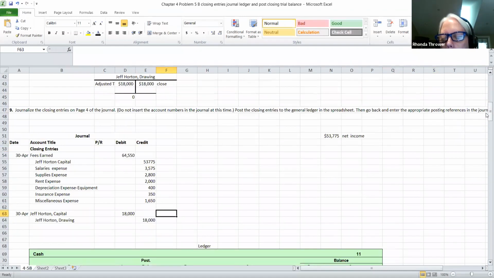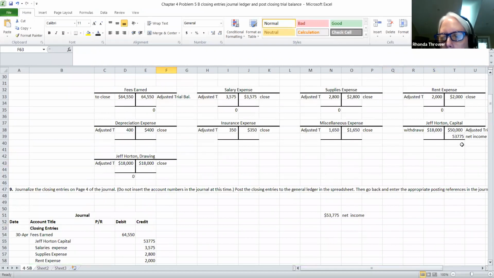Now, your capital account is not closed. Notice that this capital account will have an ending balance. Your ending balance is what is on your statement of owner's equity. And again, because I don't have a statement of owner's equity in front of me, I'm going to figure this up for you.